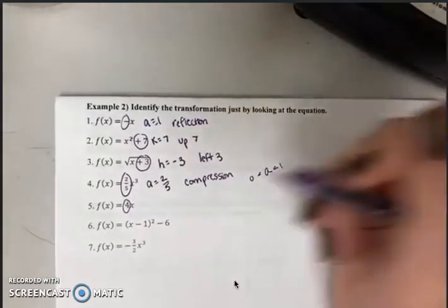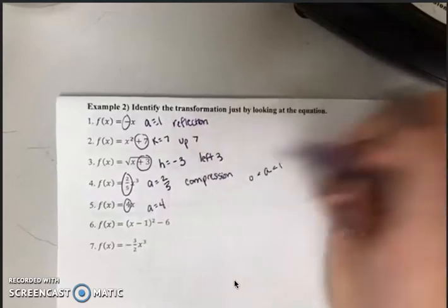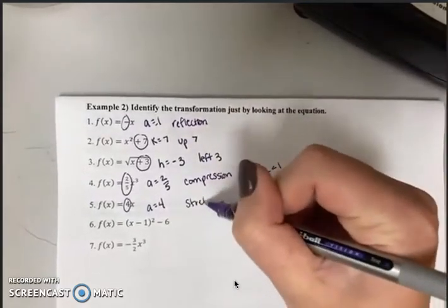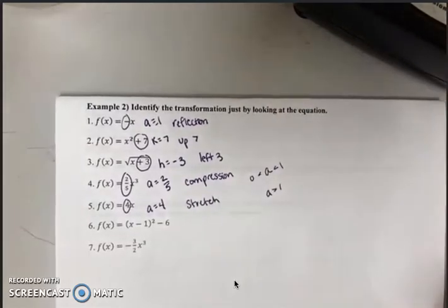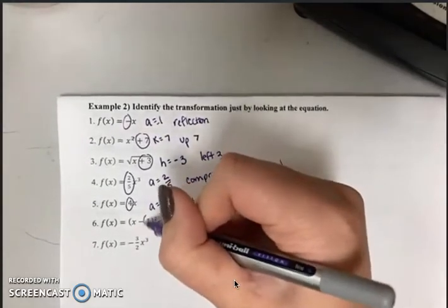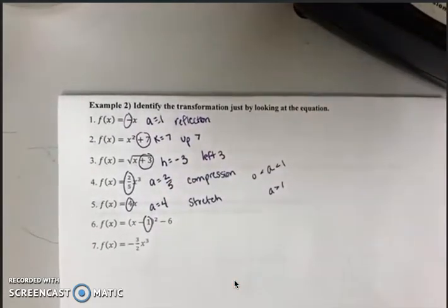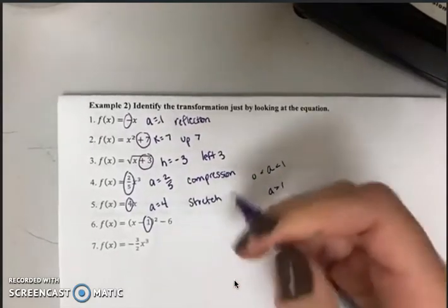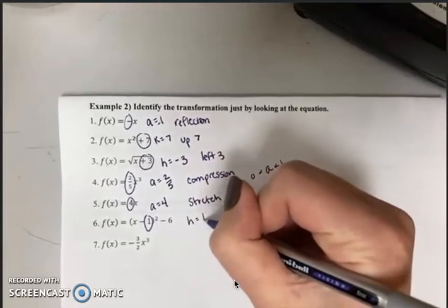Number 5, A is 4, because 4 is greater than 1. I know it's going to be a stretch. Number 6, we have multiple transformations. The 1 is inside of the parentheses in this quadratic equation. So H is going to be a +1.